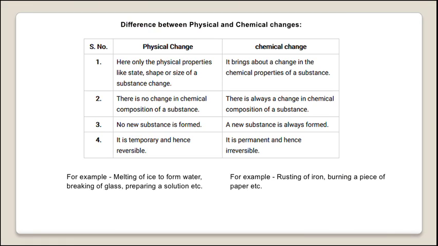Formation of a new substance takes place in a chemical change, whereas in a physical change no new substance is formed. Like if glass breaks down, no new substance is formed, but it cannot be reversed also. So it is not necessary that all physical changes can be reversed.